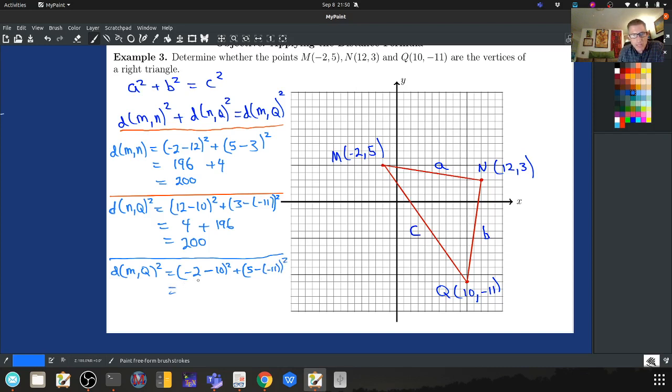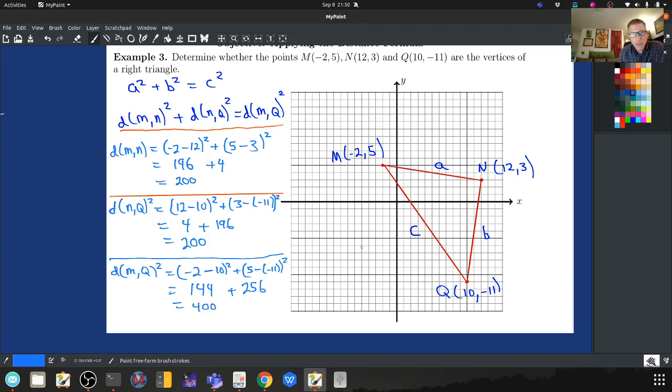Well, minus 2 minus 10 is minus 12, and 12 squared is 144. And 5 minus a minus 11 is 5 plus 11, that's 16, and 16 squared is 256. And the sum of those two is 400.